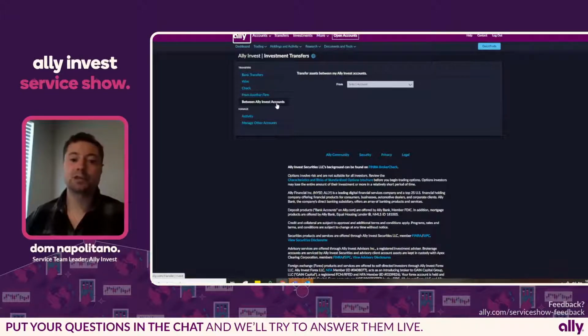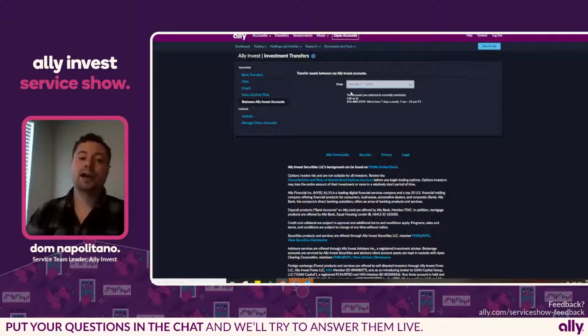Once you select from and to, you can move the cash over. Now, if you plan on moving securities to consolidate, we actually do require a form. This one here will not show you. However, if you go through the process and say you want to move cash and securities, it will prompt you to fill out that form and give you a hyperlink to download it here. But if you're just moving cash, you can do so online.